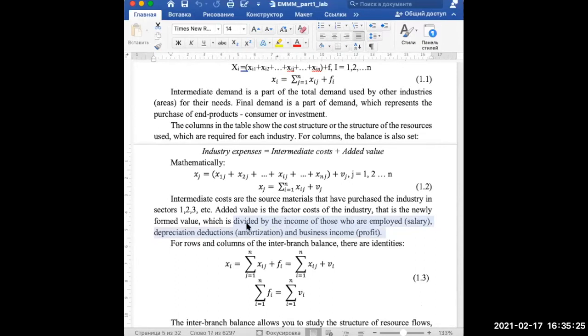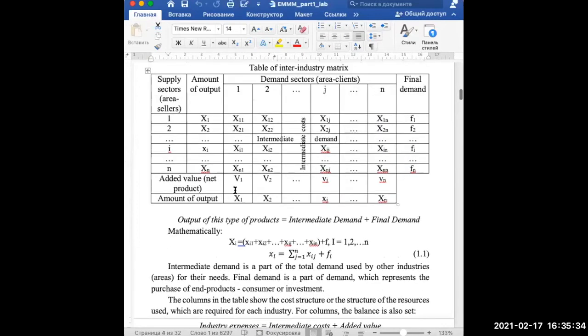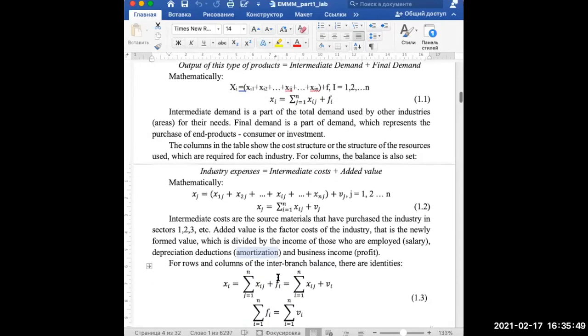So we need to spend money for salary, for amortization, and also when we sell our product on the market, we need to put into our price what? Some rate of interest, some rate of our income.